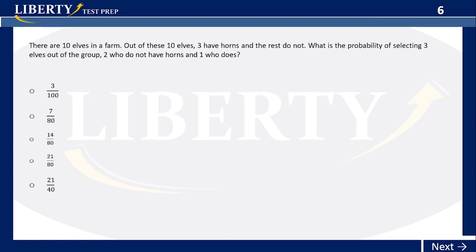They say there are 10 elves in a form. Out of these 10 elves, 3 have horns and the rest do not. So 3 elves with horns and 7 without. What is the probability of selecting 3 elves out of a group: 2 who do not have horns, 2 without, and 1 who does? So let's start here. The denominator is going to be the number of combinations without any restrictions.